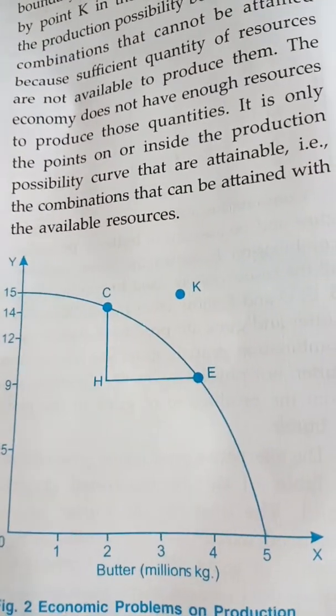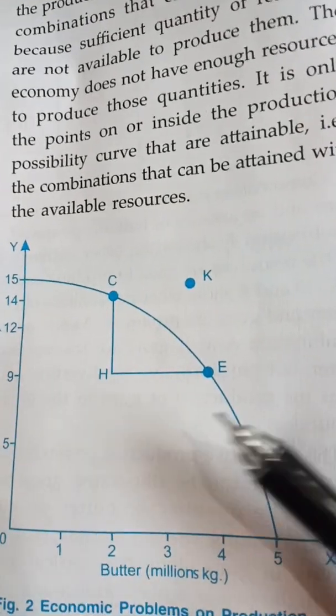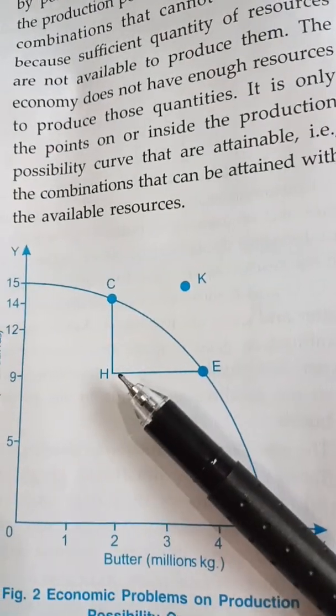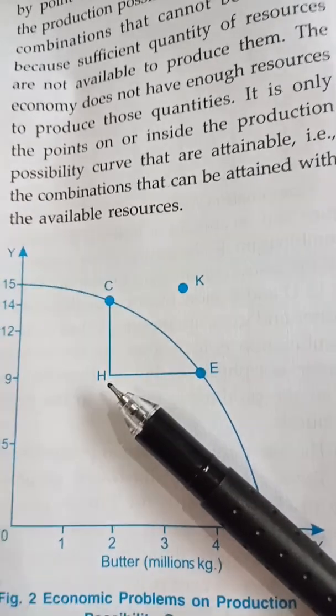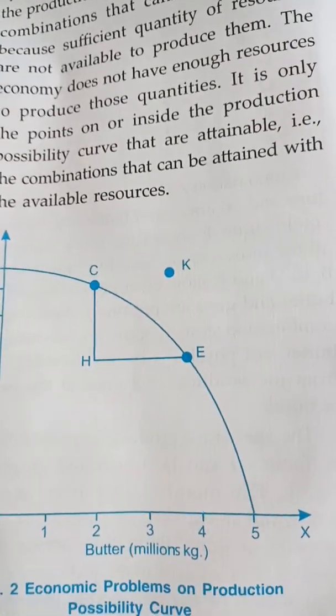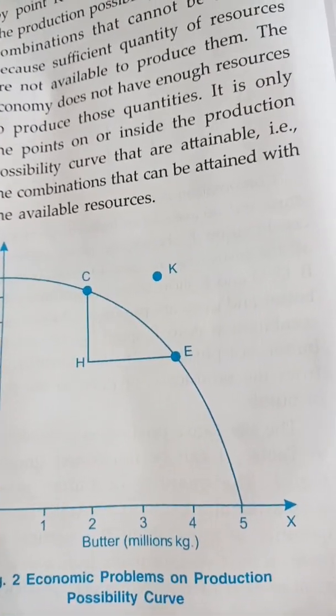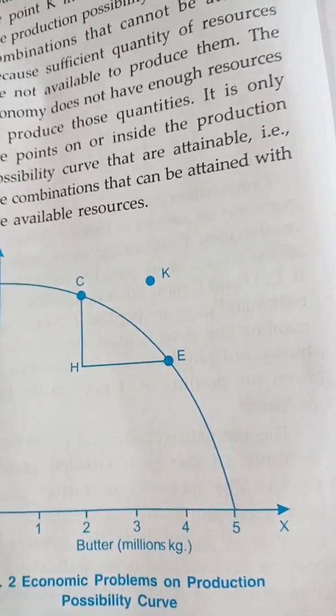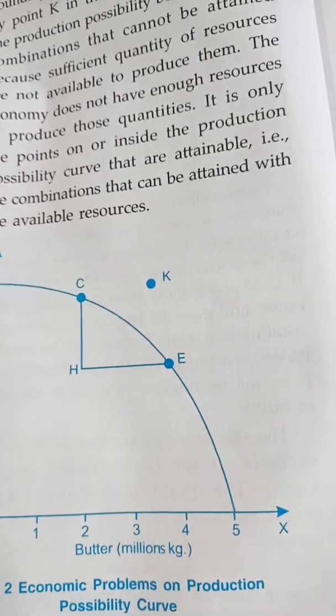Now, next one. Suppose we now focus on this point H. This point H shows that the resources in the economy are not utilized fully and efficiently.